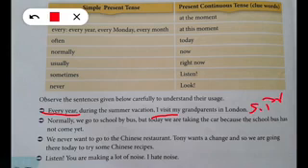Normally we go to school by bus, but today we are taking the car because the school bus has not yet come. So every day usually they go by school bus, but that day alone, as the bus didn't come, they went by car. But today we are taking the car. Till this it is simple present tense, and after that it is present continuous tense.